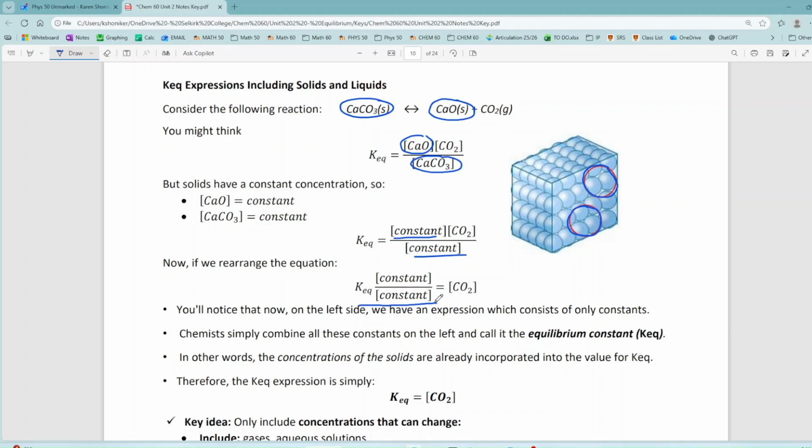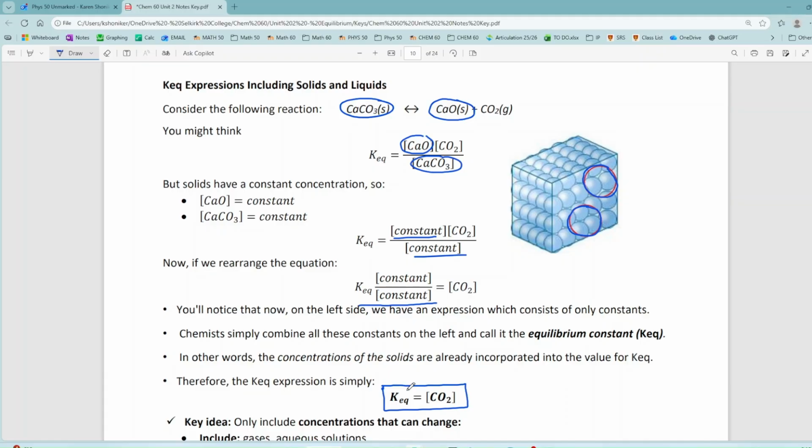They'd be part of the things that don't change. So now on the left-hand side, we have an expression that's all constants. And on the right-hand side, the only thing driving this change in concentration would be the concentration of the carbon dioxide. So we don't include the solids, and we would just say KEQ is equal to carbon dioxide.